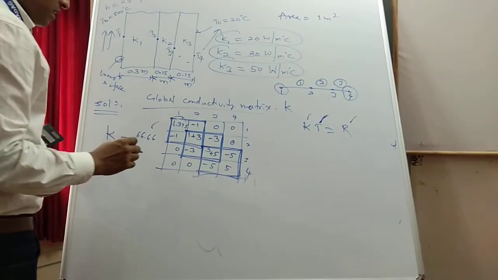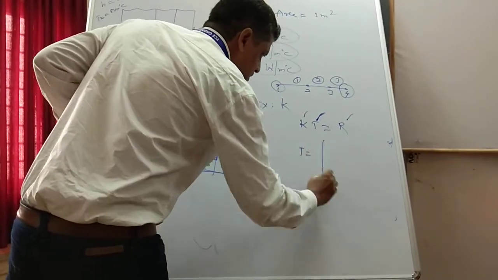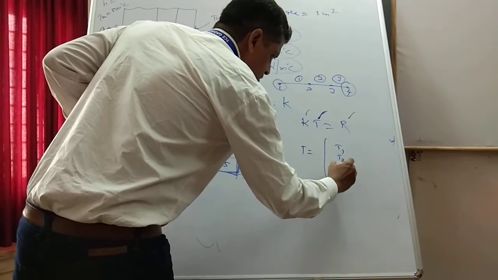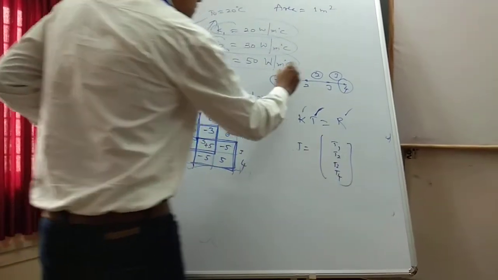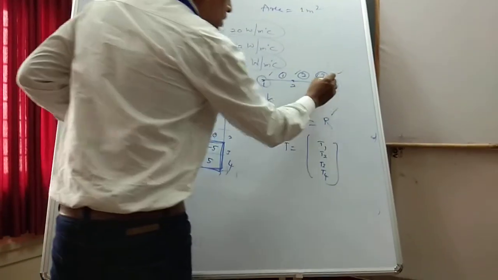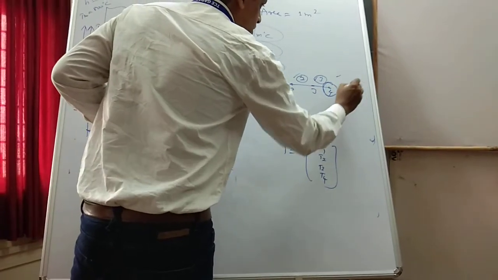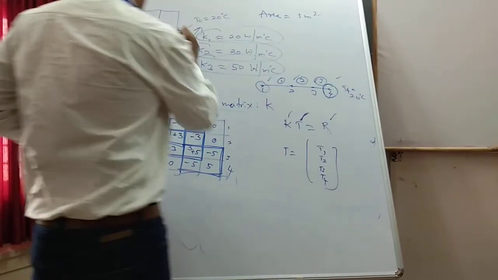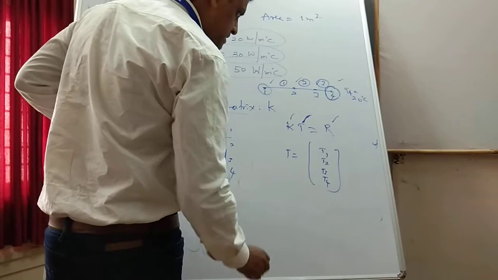K into T equal to R. Now the T matrix is T1, T2, T3, T4. Since there are 4 unknowns, T1, T2, T3, T4, and T4 is known, that is the boundary condition, the given temperature on the right side surface, 20 degrees Celsius.